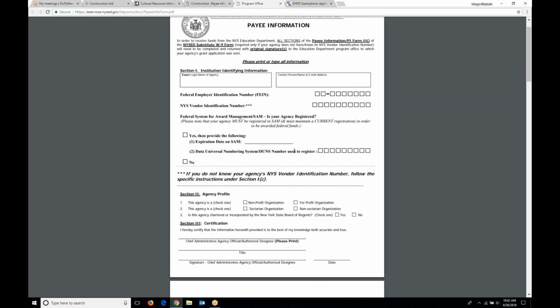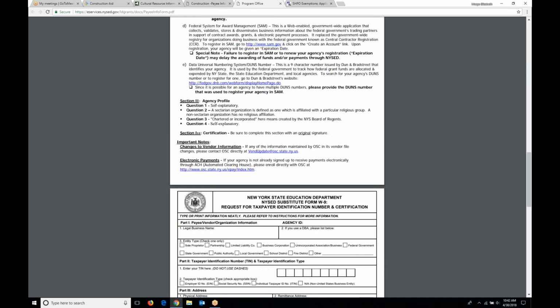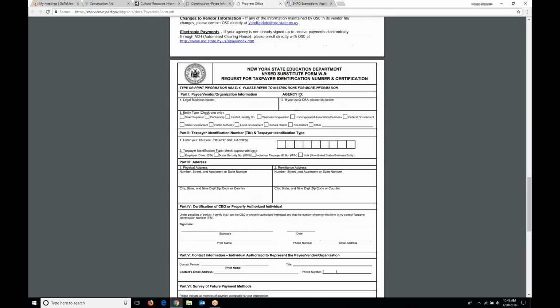And even though this says if you have a New York State vendor ID number, you don't need to fill out the substitute W-9 form, NYSED, our Division of Library Development, so not DASNY, but our Division of Library Development requires that even though you have the vendor ID number, you still must fill out the substitute W-9 form.